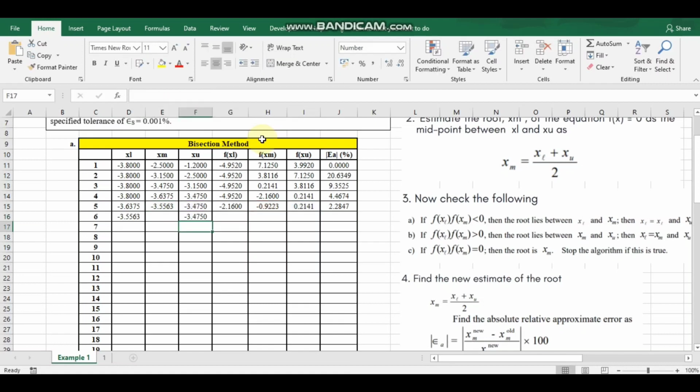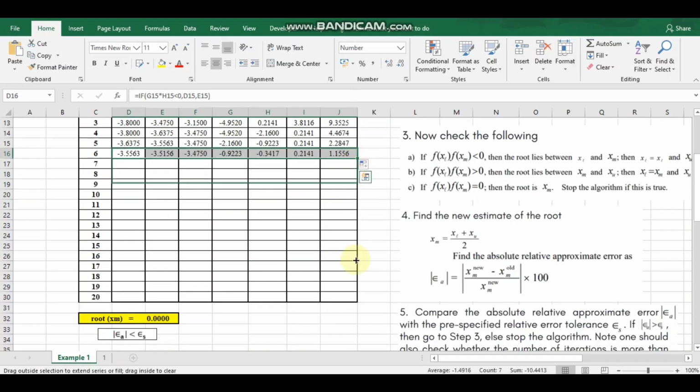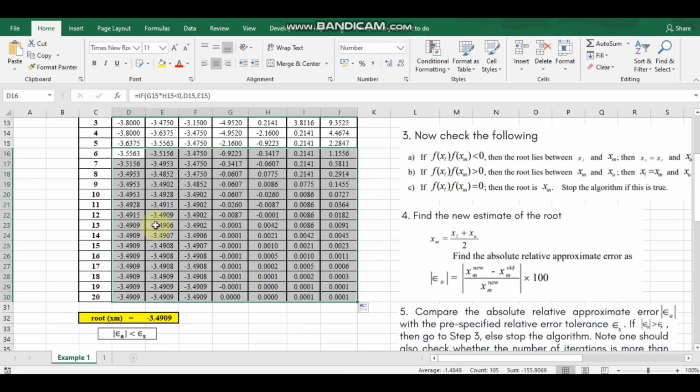Enter. Pull this down as well as the other columns. Now we have the formula. We can freely pull all of this until our 20th iteration.